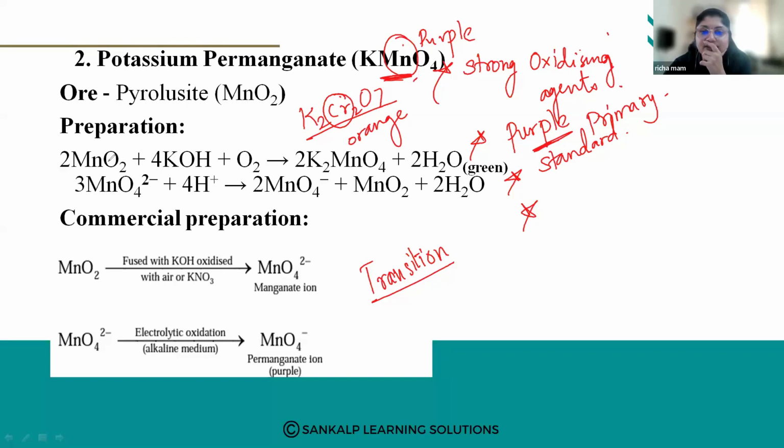We have discussed this just now. Potassium permanganate is purple color, potassium dichromate is orange color.